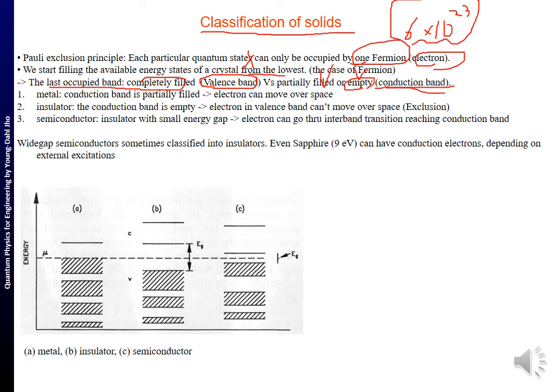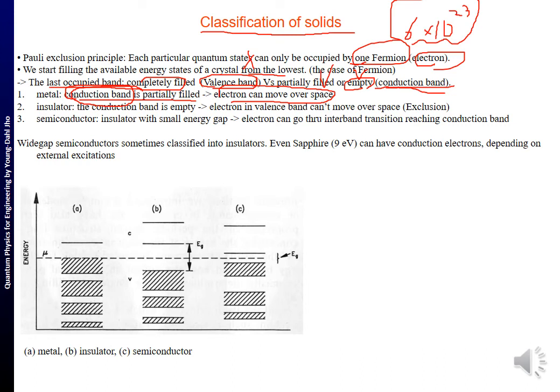In the case of metal, the conduction band is partially filled without any external voltage or laser excitation. It is already filled. Then it's a metal. Electrons can move freely over space because there are electrons in the conduction band.